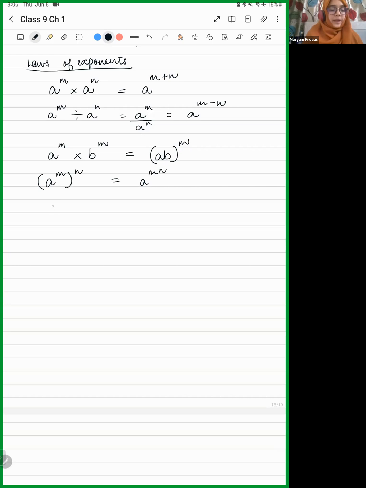A to the power minus m is equal to 1 by a to the power m. And what is a to the power 0? 1.